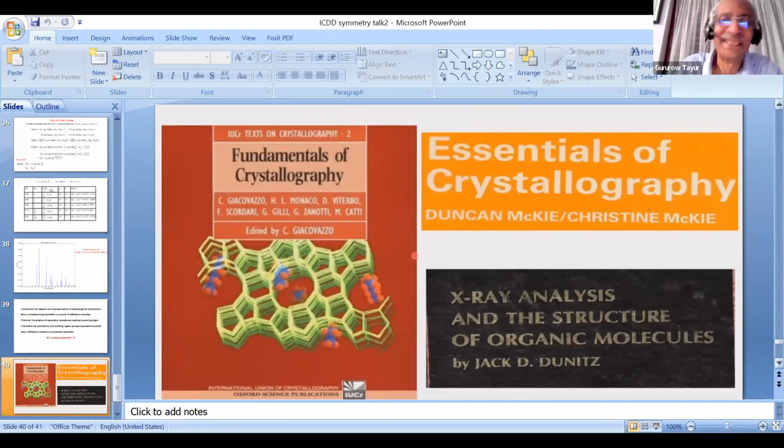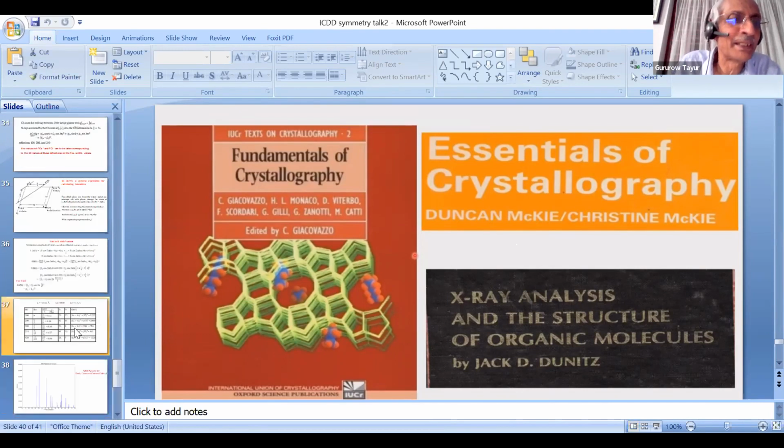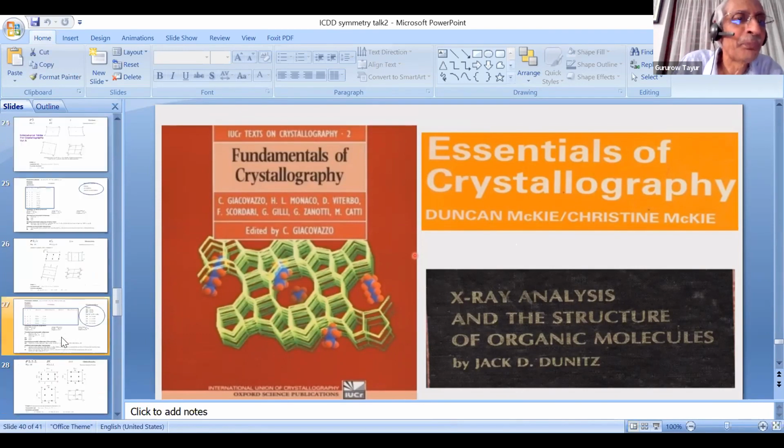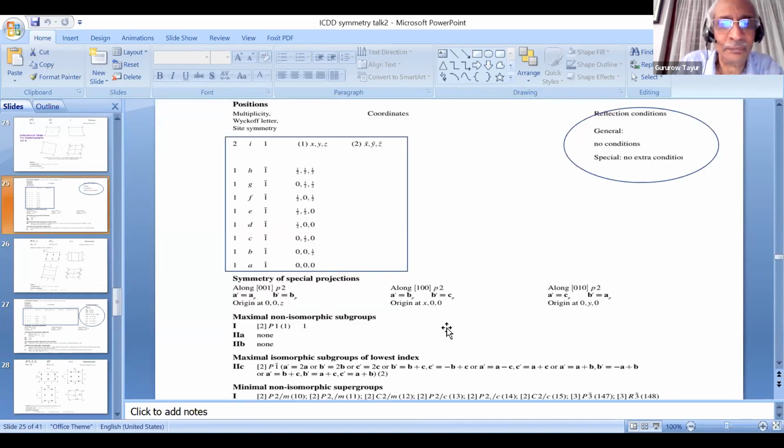There's a question here about what isomorphic subgroups are. I had very little time to cover the details of the International Tables, but let me go there and take one example. We have an entry here, the maximal non-isomorphic subgroups.